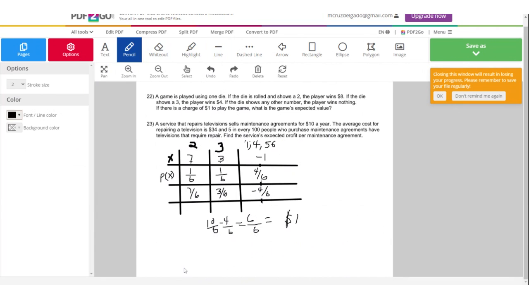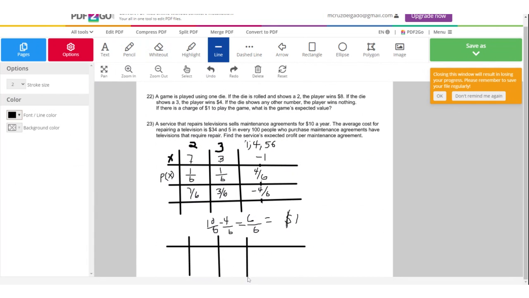All right, so I'm just going to set it out. So it's just going to be repair. No repair.